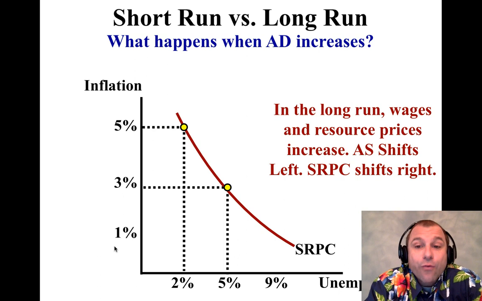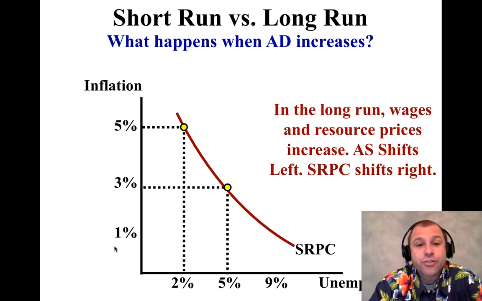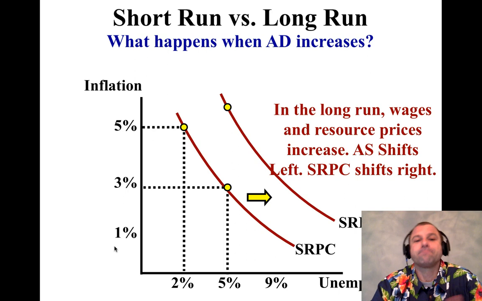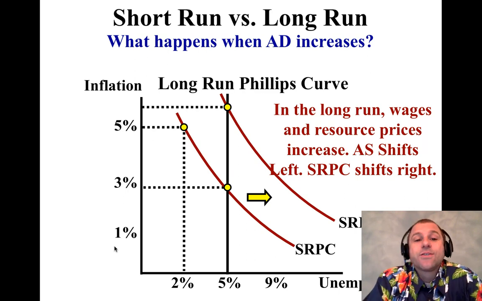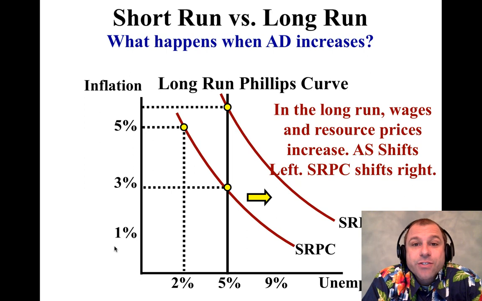And then we'd see aggregate supply shifting to the left because people are going to request higher wages. And so your short run Phillips curve would shift to the right in the long run, as we see here. So that is your basic short run and long run situation when aggregate demand increases.